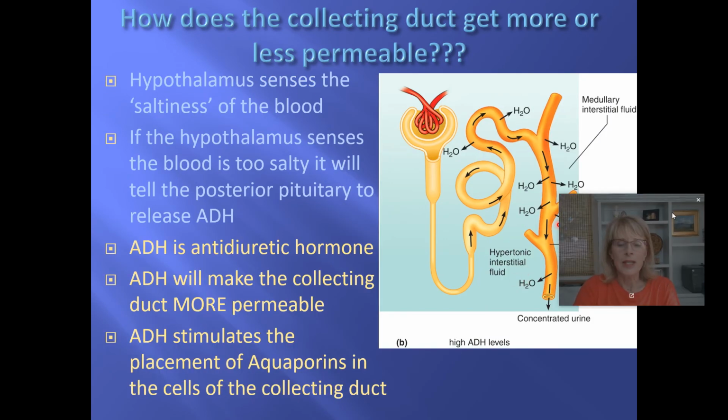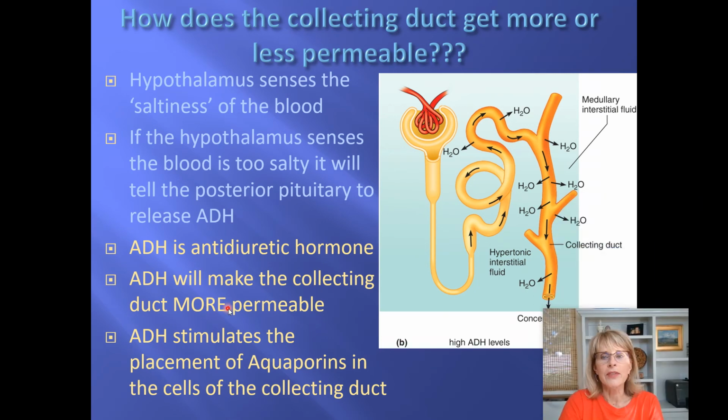So anti-diuretic hormone will make the collecting duct more permeable. How? It stimulates the placement of little tiny water doors, they're proteins, of course they are, called aquaporins into the cells of the collecting duct. At this moment, what we're looking at here, there are high levels of anti-diuretic hormone.